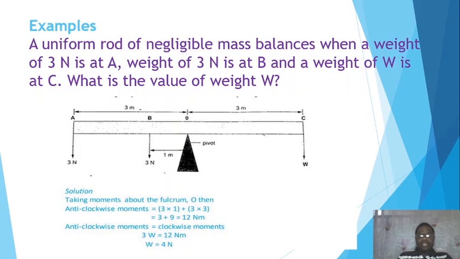That is the anti-clockwise moment. On the other side, W produces the clockwise moment, given by W multiplied by 3, which is 3W. Clockwise moment equals anti-clockwise moment, so 3W is equal to 12. That means W is equal to 4 Newton.